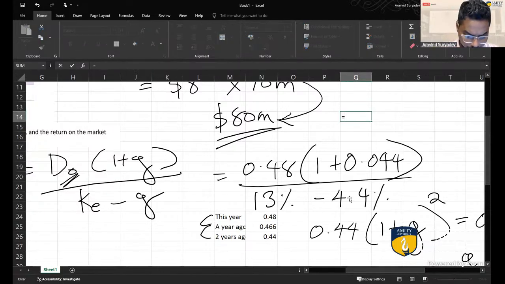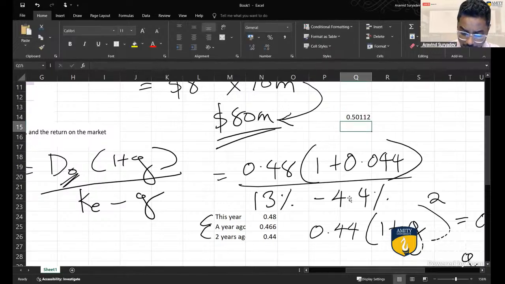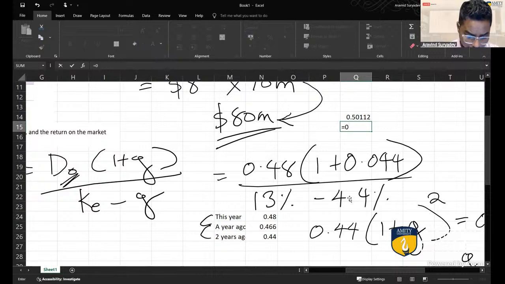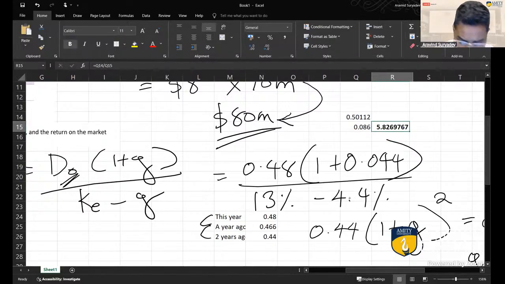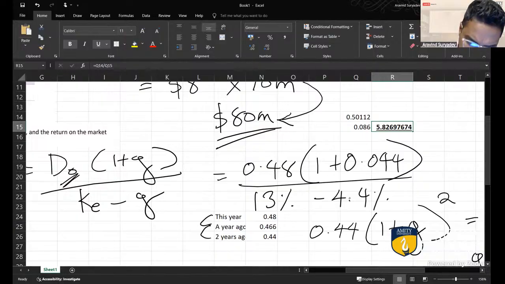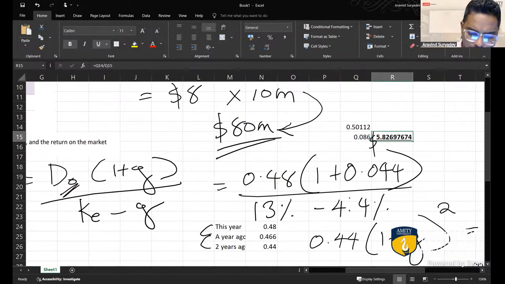So 0.48 multiplied by 1.044 would be the numerator. The denominator would be 0.13 minus 0.044. Okay, what do I get? 0.086. Now, if I divide this by this, what do I get as the price of the share? I'm getting $5.83 as the value of each share using the dividend valuation model.